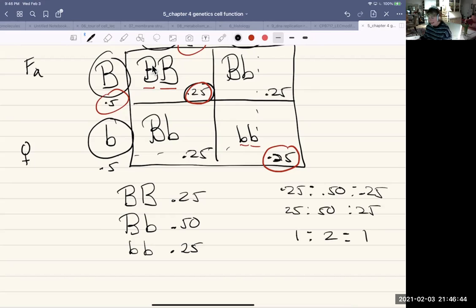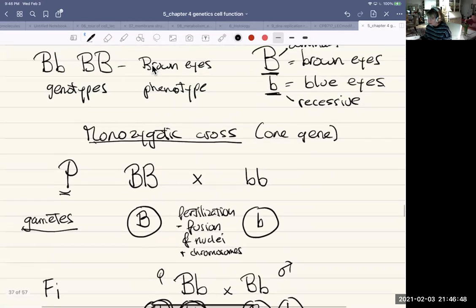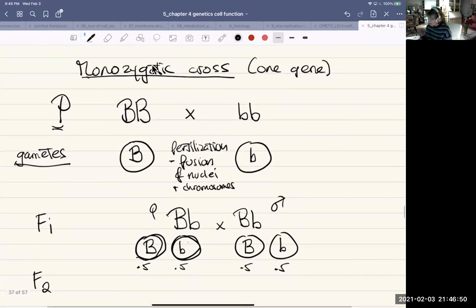So let's go back to similar questions that were in your handout. What is the genotype of the F1 population? I'm looking at the chat.